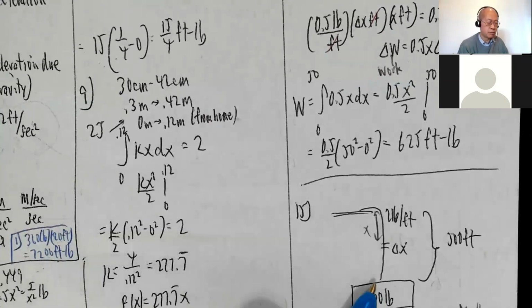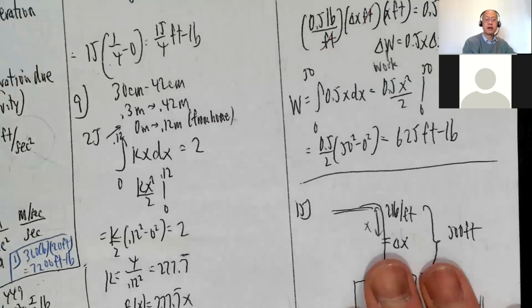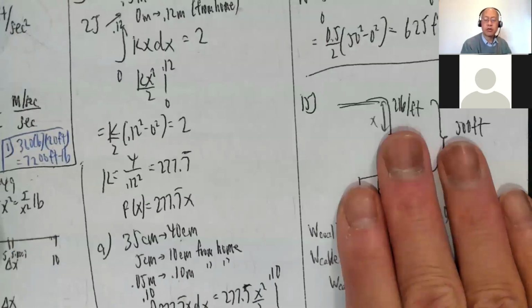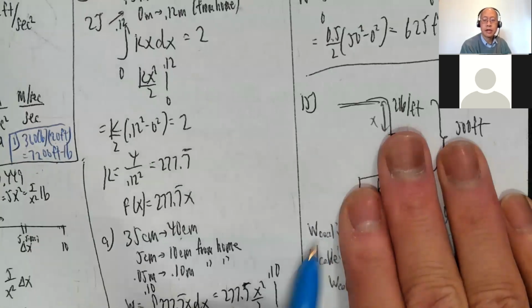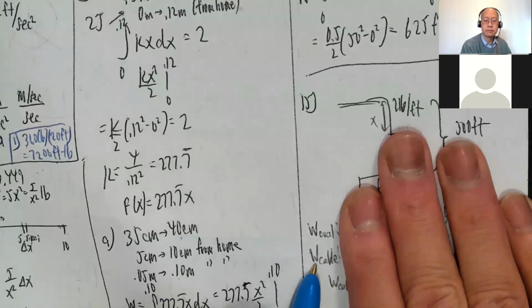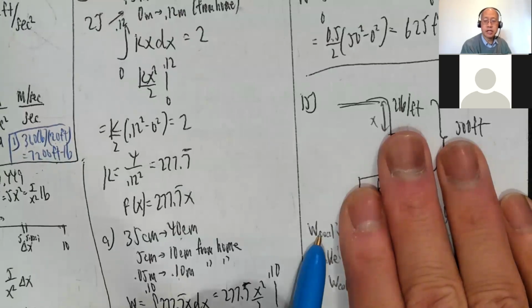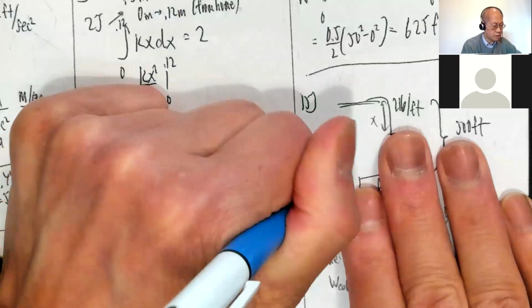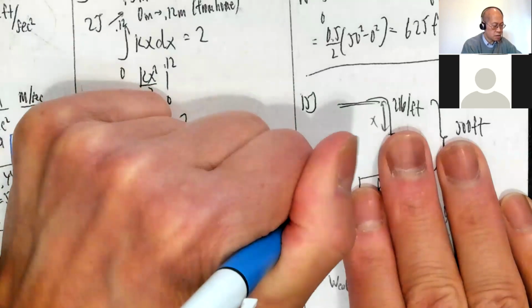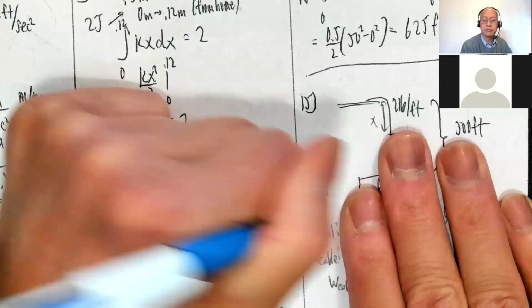And then the work for the cable. Okay, so I'm trying to cover it up. Find the work for the coal, W coal, and the work for the cable. This one is just like the gorilla. Maybe I'll even put that here, like gorilla problem.